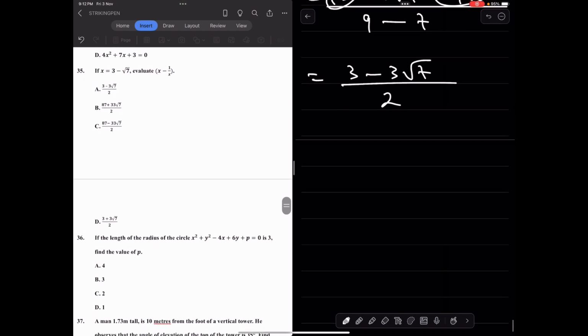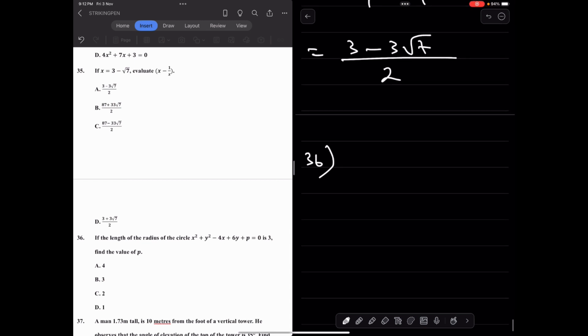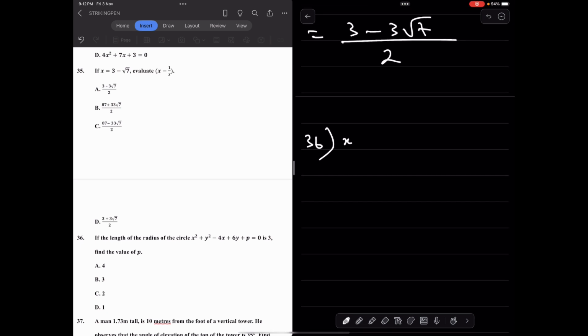And now we go straight to the next, which is number 36. If the length of the radius of the circle x squared plus y squared minus 4x plus 6y plus p equals 0. Let me write it on a single line.